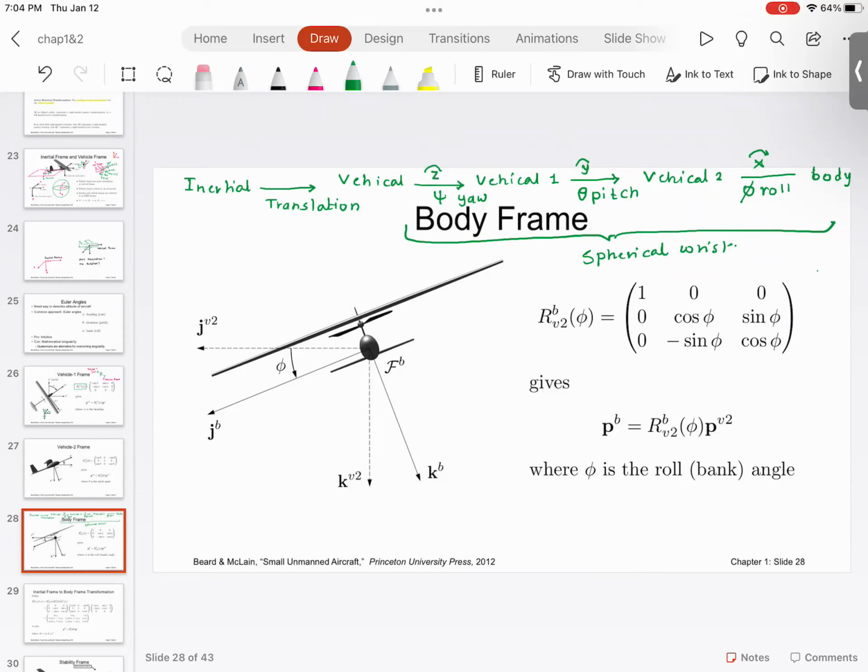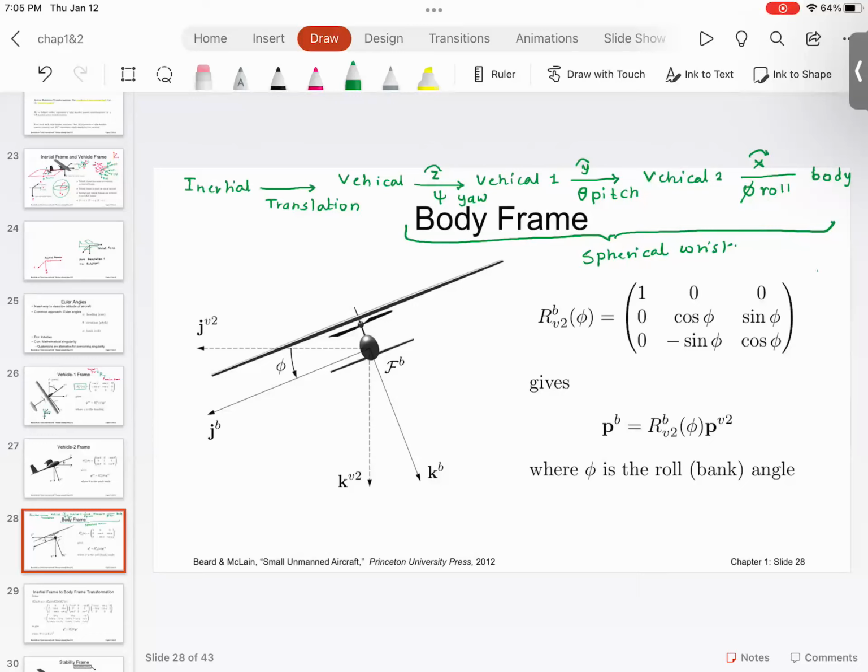At that location, the object yawed, then the object pitched, and then the object rolled. And that is the final orientation of that object. You agree with me? And in these transformations, the first is pure translation, then pure rotation about z, pure rotation about x, and pure rotation about y. So these are the rotations.